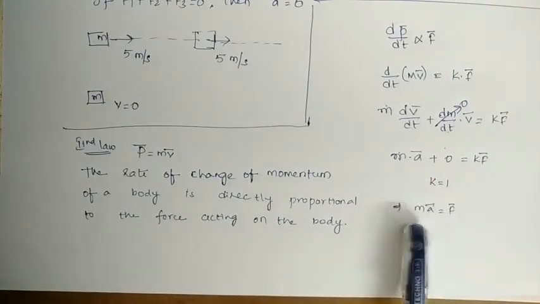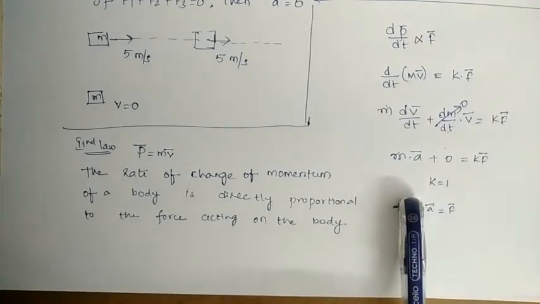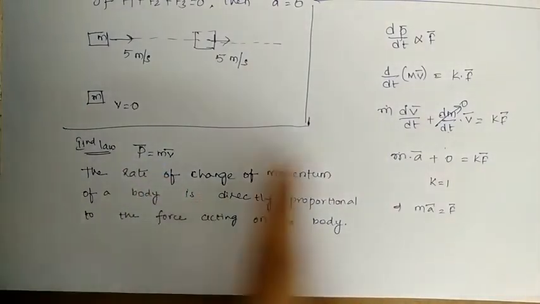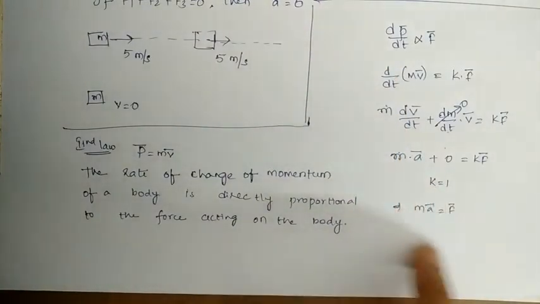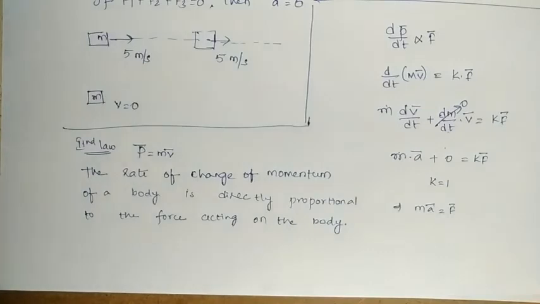But if you want to understand a lot of physics, then it's worth understanding this. But if you are a beginner, it's better to start just with this: force is mass times acceleration.